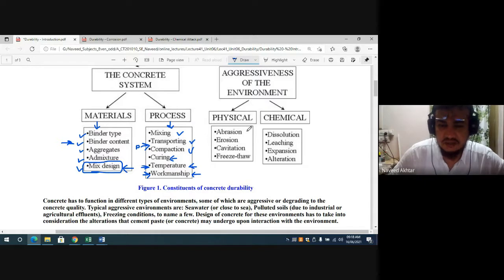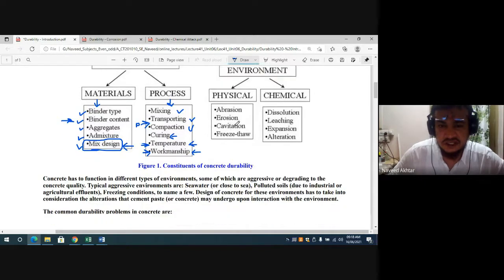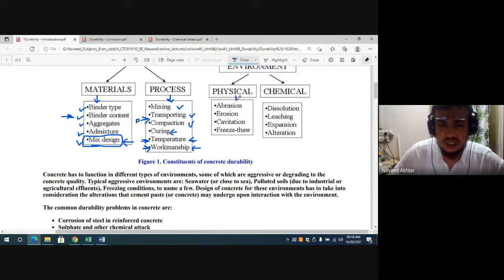Then there is physical and chemical attack on the concrete. Physically, you see abrasion, erosion, cavitation, and freeze and thaw. These are effects that occur after the concrete is cast and the structural element is ready to use.